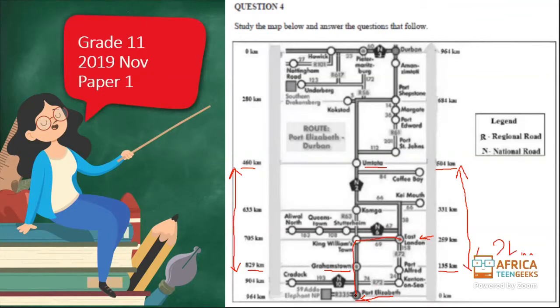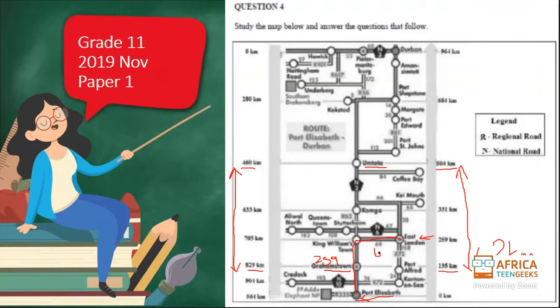Via the N2, it will be between Port Elizabeth and King Williamstown, which is 259, and between King Williamstown and East London, 69.